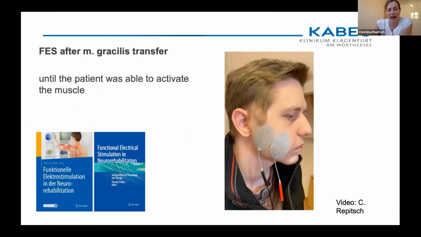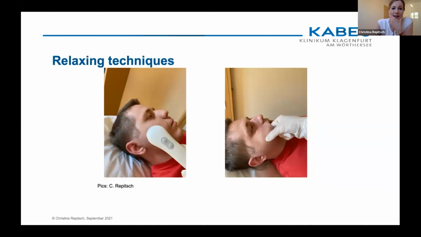And after the gracilis transfer, I also used functional electric stimulation until the point when the nerve connected to the muscle and sprouted into the muscle. And if he was able to activate the muscle, I stopped the functional electric stimulation. And here are some photos of the relaxing techniques.